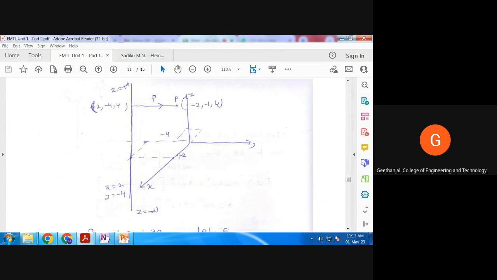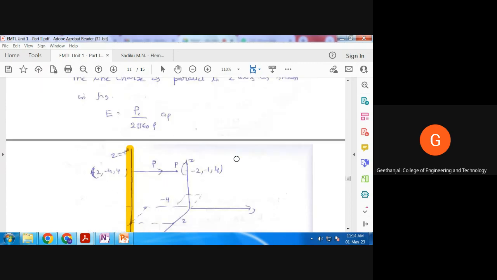This is the line charge. Here you have an infinite length line charge, because the length is not given.